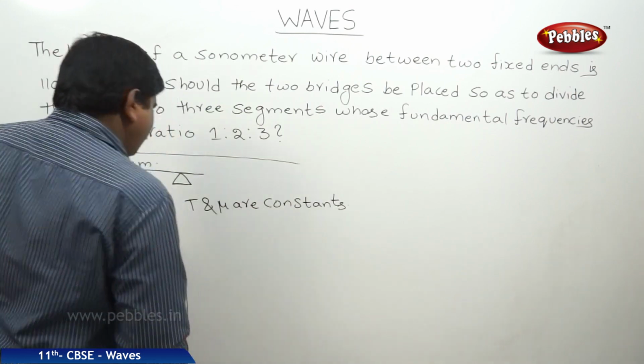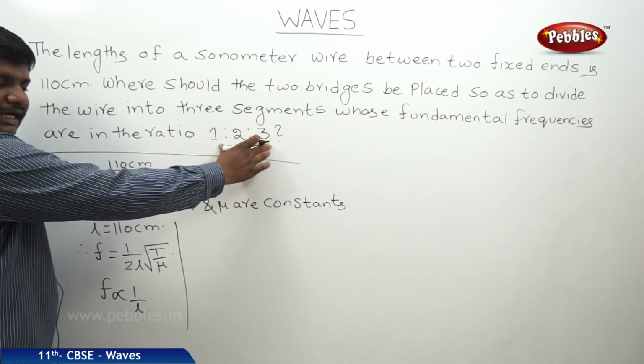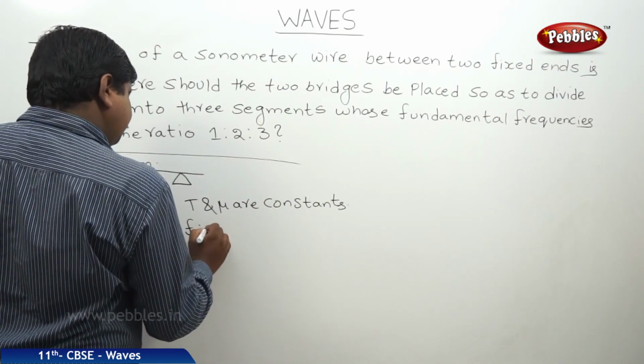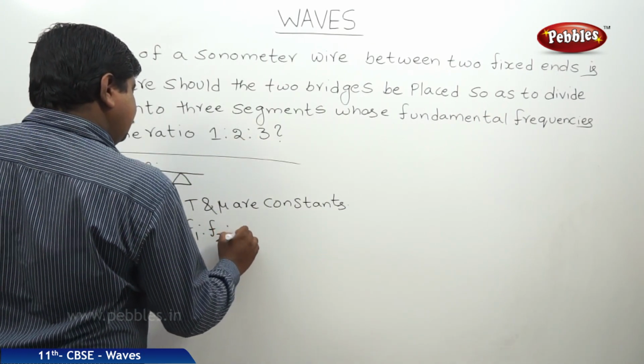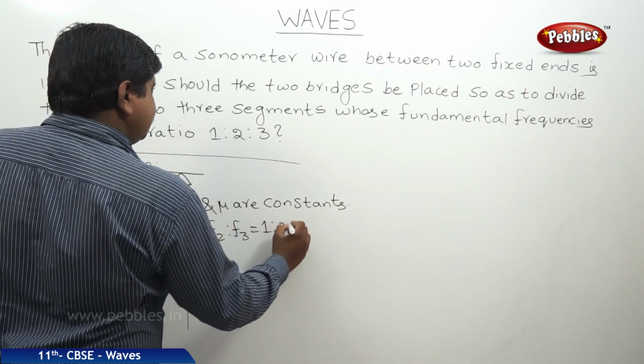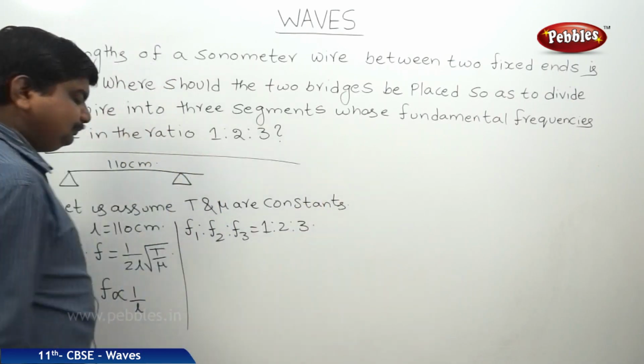According to the given data, frequencies are in the ratio of 1:2:3. So f1 is to f2 is to f3 is equal to 1:2:3.